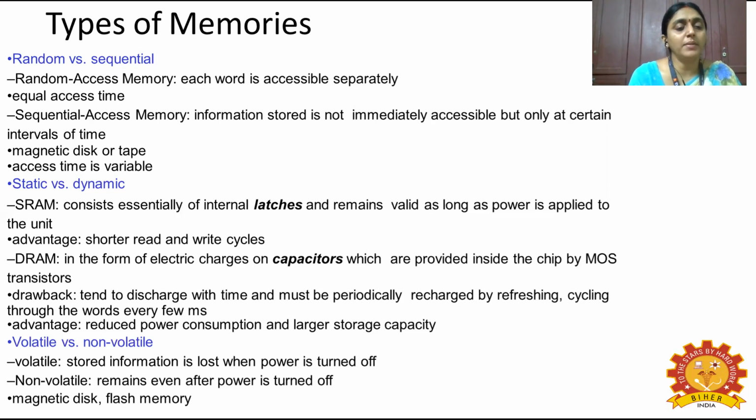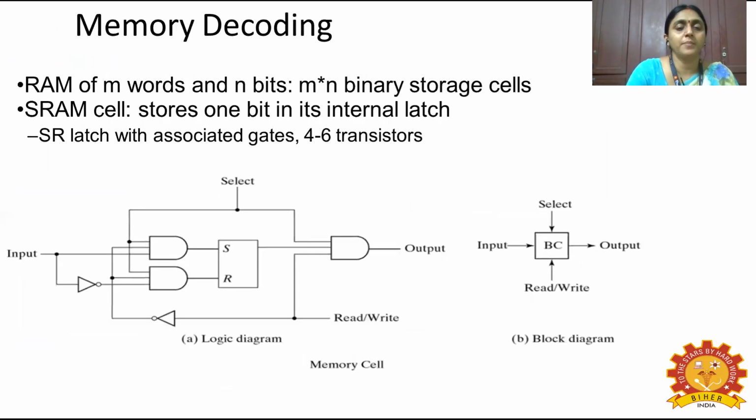So what is volatile memory? That is, stored information is lost when the power is turned off. Non-volatile memory means the information remains even after power is turned off. Magnetic disk and flash memory are examples of non-volatile memory.